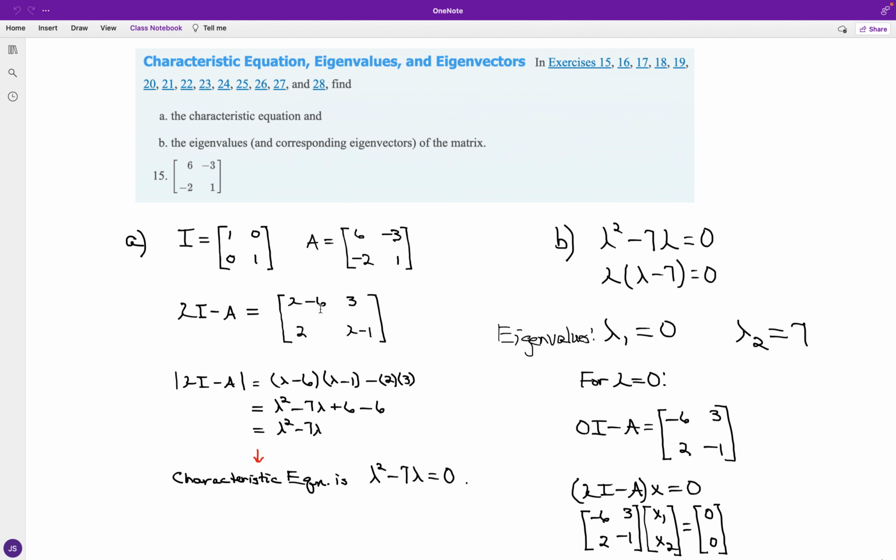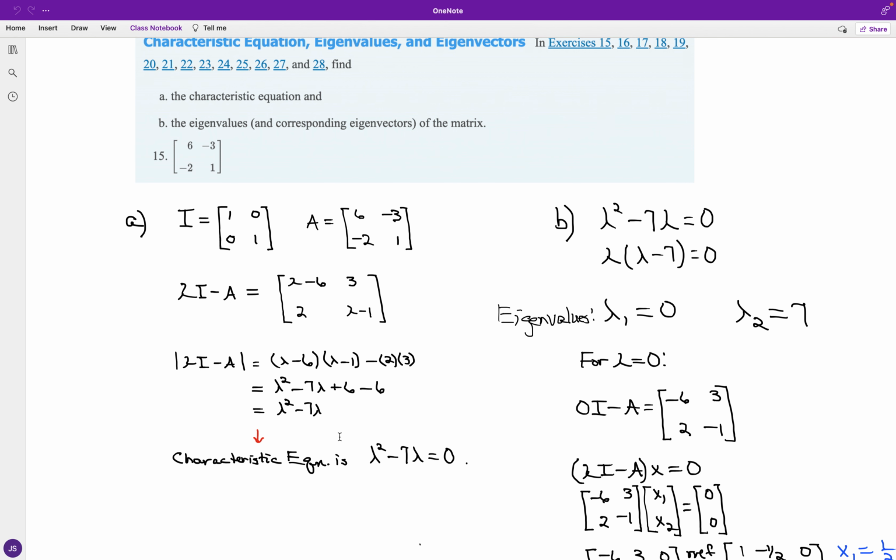So we have lambda minus 6, and then 0 minus -3 becomes positive 3, 0 minus -2 becomes positive 2, and then we have lambda minus 1. Looking at the determinant, we have lambda minus 6 times lambda minus 1 minus 2 times 3, and just combining the like terms, we end up with lambda squared minus 7 lambda.